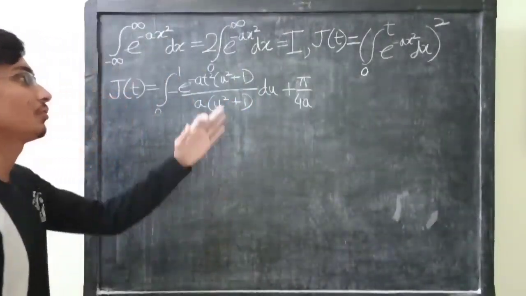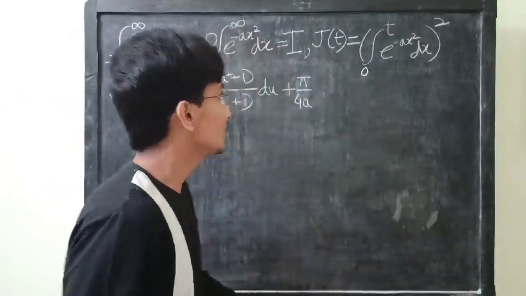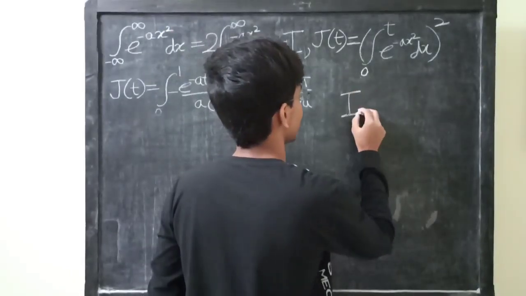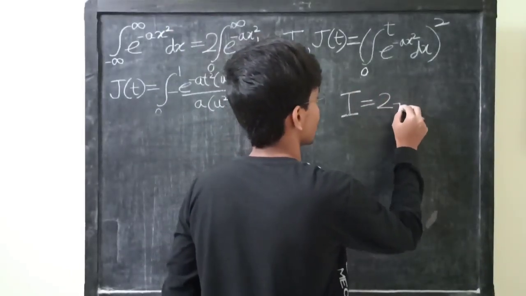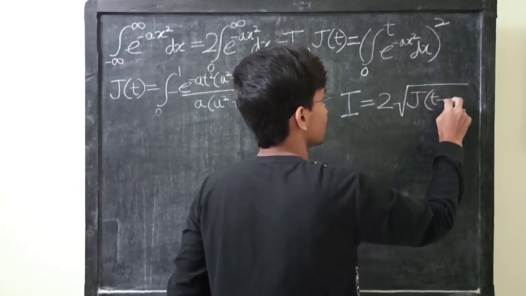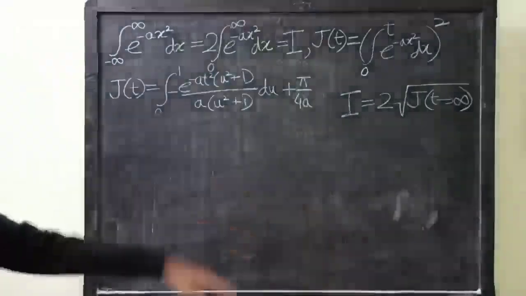Now for finding the value of I, what we need is the relation between this j and I. So from these two we can clearly see that I is nothing but 2 times root over j when t tends to infinity. I hope this is pretty clear.